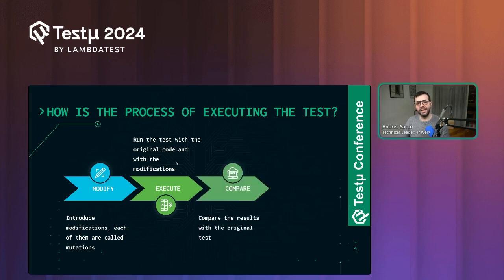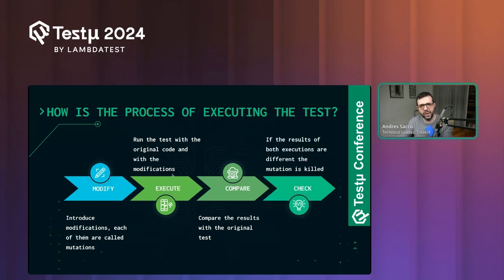After that, compare the original result with the result of the execution of the test with the modification in the source code. And the last step is to check what happened with the comparison.